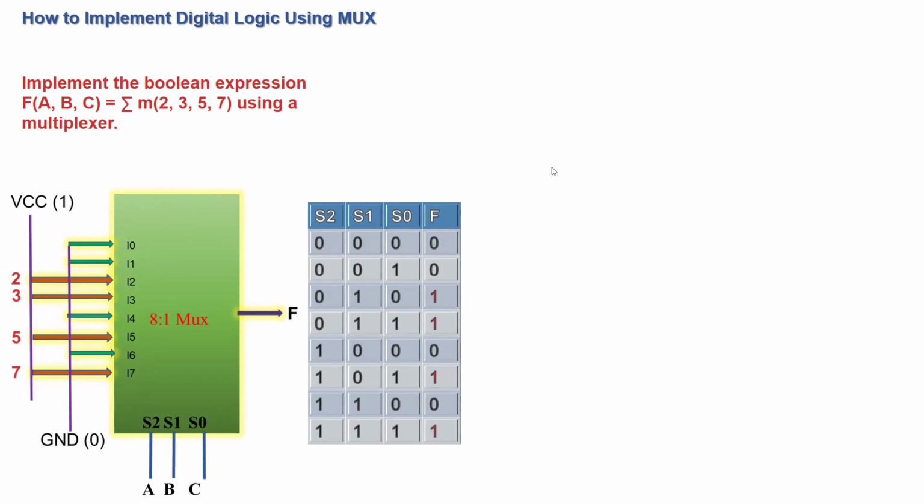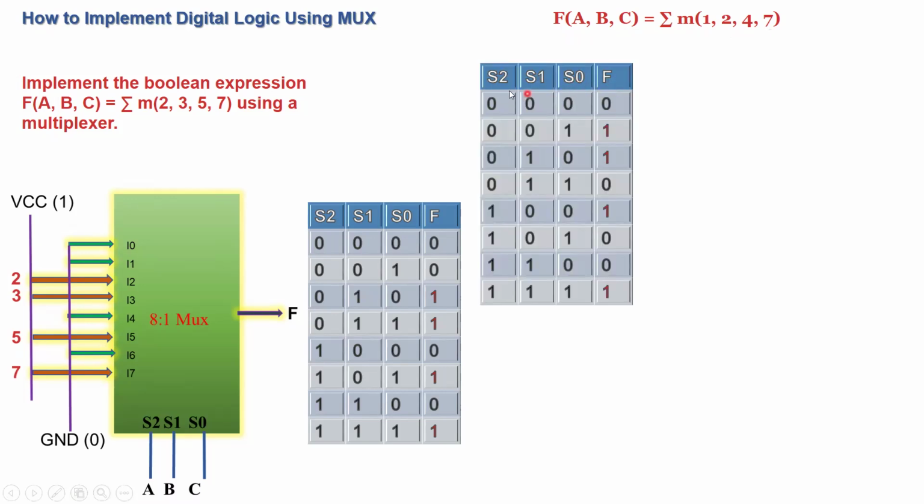Another example here. So here you are given a new function, as you can see, which is f of a, b, c, again n equals 3, that is 3 variables, and it is a sum of the following min terms. Small m indicates min terms, that is 1, 2, 4, 7. So for that, we can refer to the truth table first and mark those min terms accordingly in the truth table.